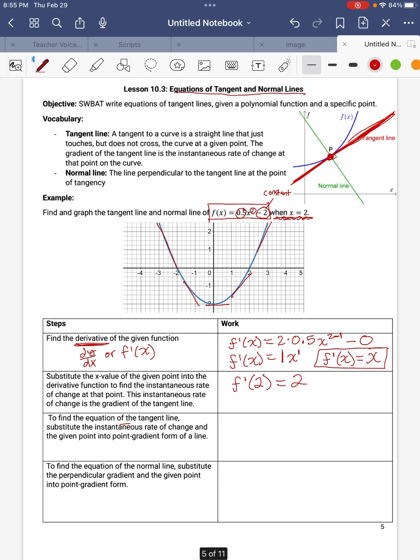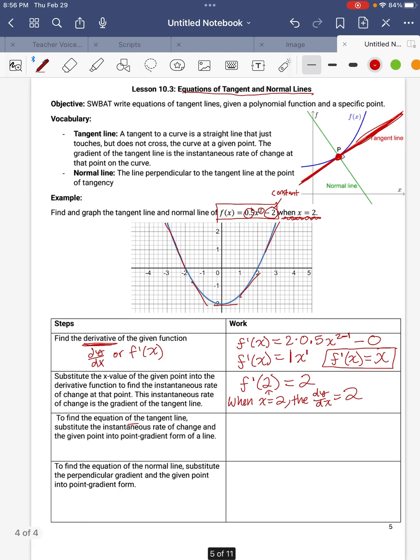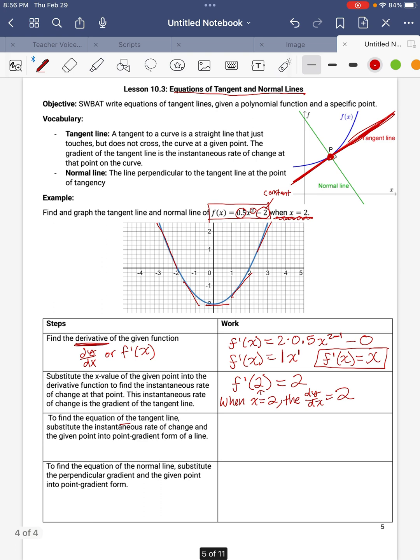Okay, so this is telling me when x equals 2, the instantaneous rate of change, or the dy/dx, is equal to 2. Okay, so this is going to help me write the equation of my tangent line, because the instantaneous rate of change is the gradient of the tangent line.